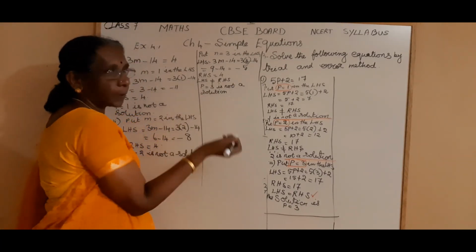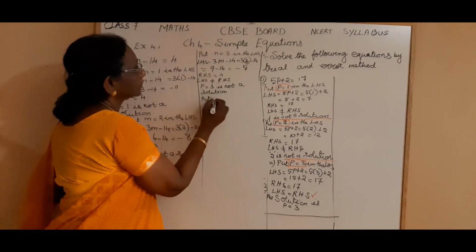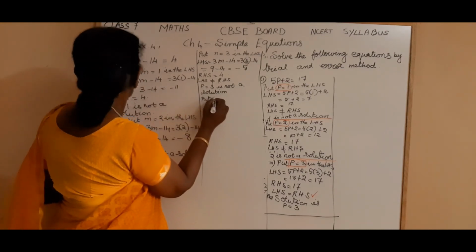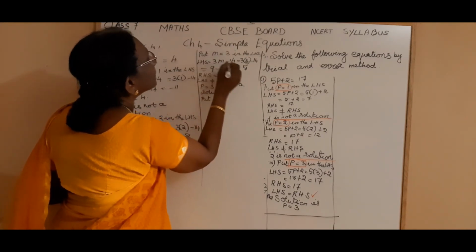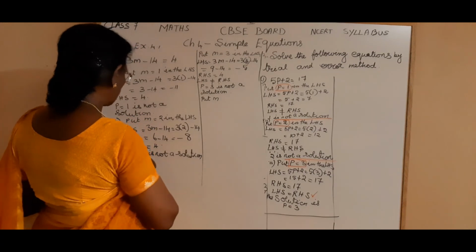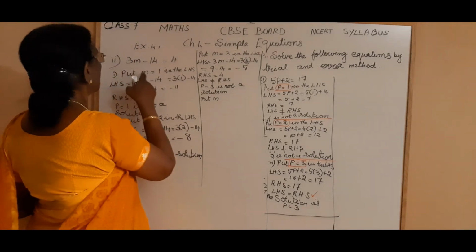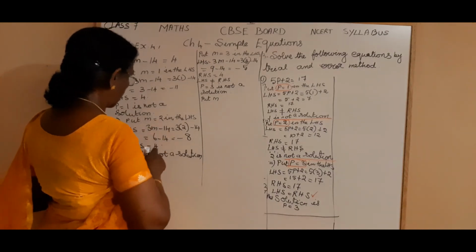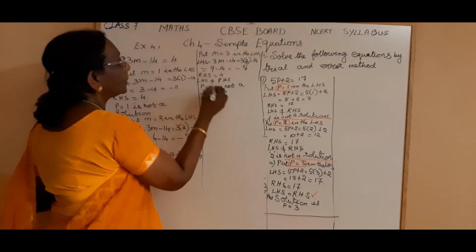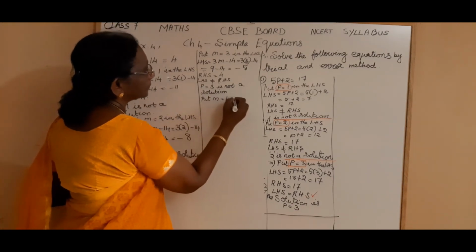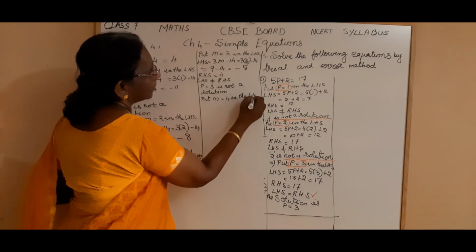Now, next step. Put m is equal to 4 in the LHS.